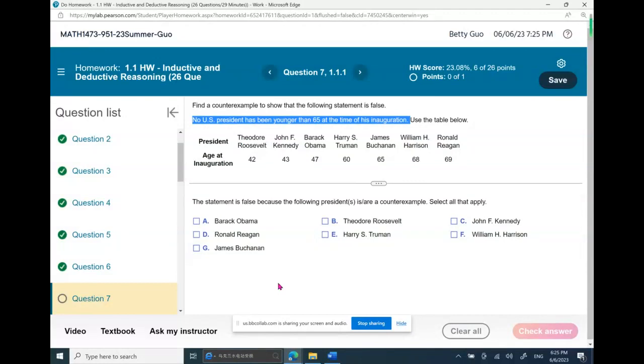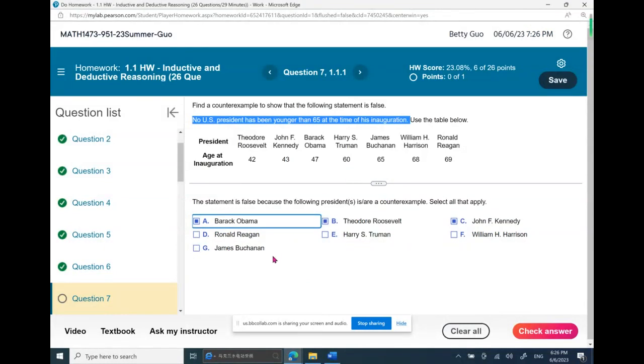Obviously, it's false, right? So we have Roosevelt, Theodore, is a counterexample. We have John Kennedy, counterexample. We have Obama, counterexample.